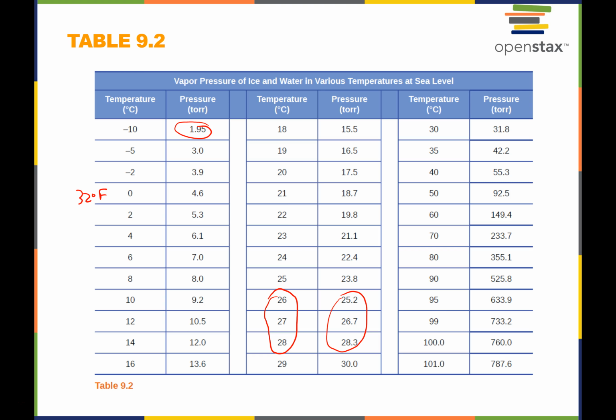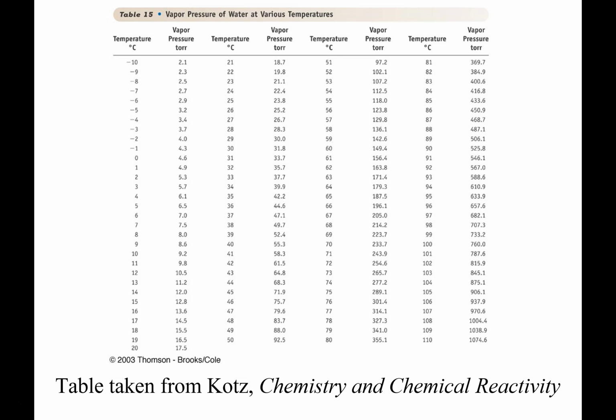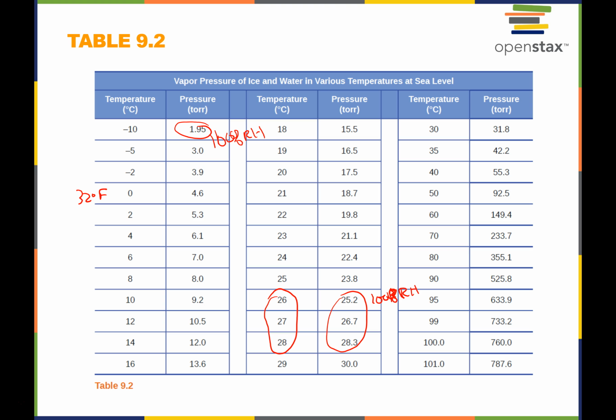Put another way, at 100% relative humidity, in the warm case we've got 25 to 28 torr of pressure, and here at 100% RH we have 1.95. Anyway, you guys got that.